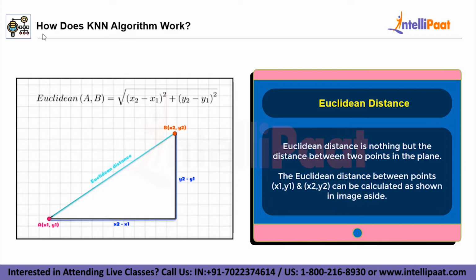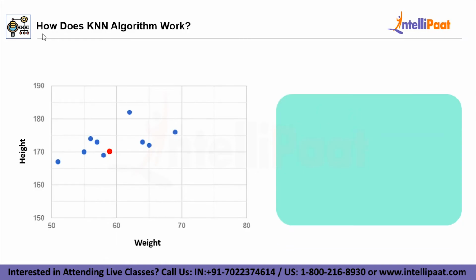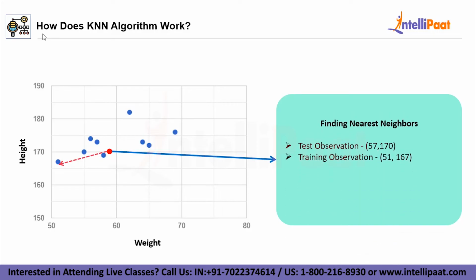Now let's make use of this formula and compute the Euclidean distance between this red testing point and other training points. Let me show you one such computation as an example. So suppose, let's say I want to compute the Euclidean distance between these 2 points connected with a dotted red line. The coordinates for the red test observation are 57, 170, and for the blue training observation they are 51, 167.